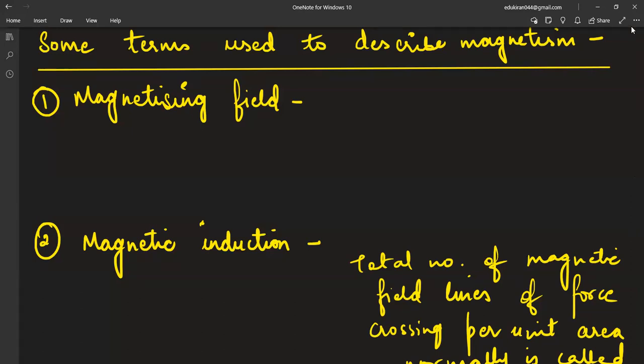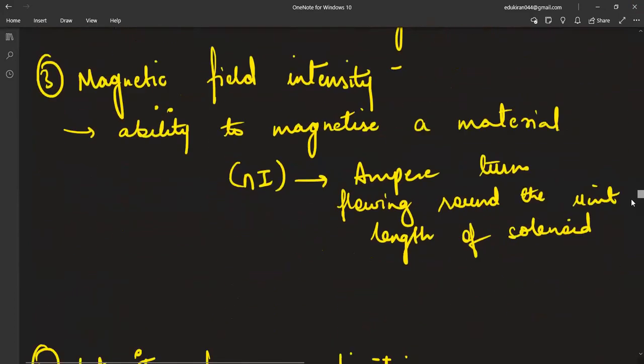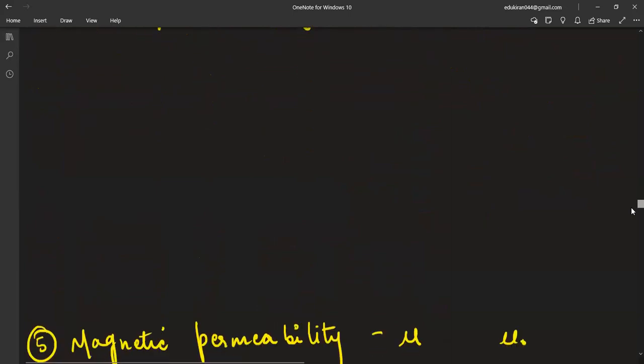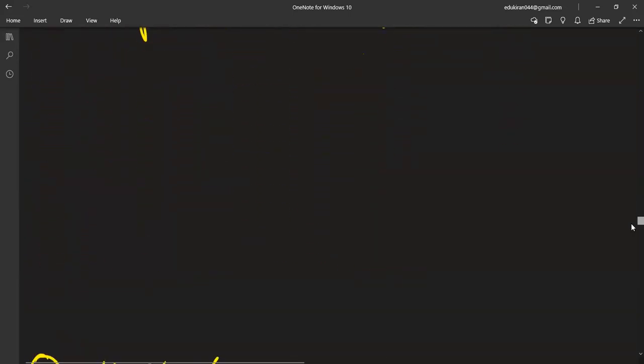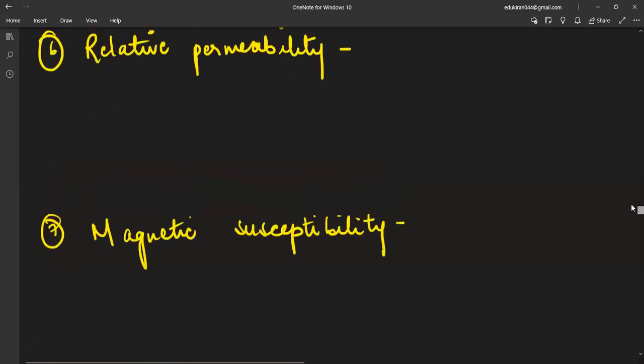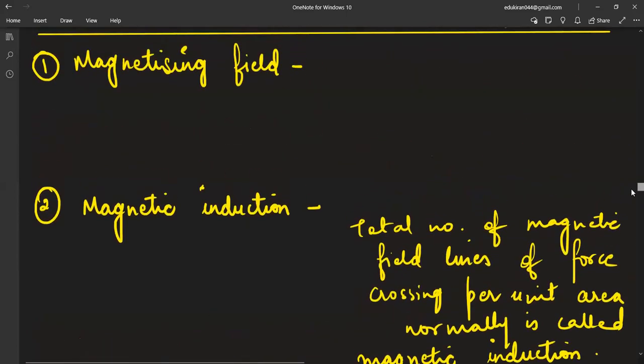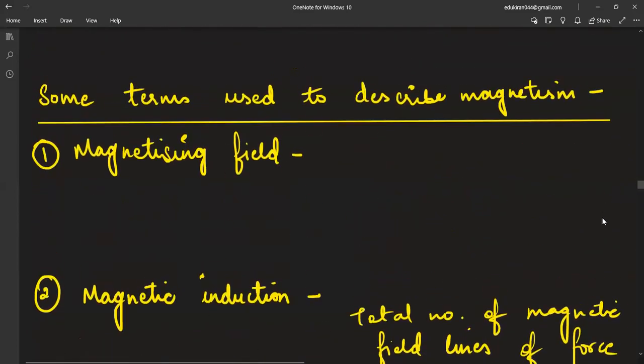Now, the terms which are left are magnetizing field, magnetic induction, magnetic field intensity, intensity of magnetization, magnetic permeability, relative permeability, and magnetic susceptibility. This is a relation, but till magnetic susceptibility, these are different terms. All of them have the same type of name, so be careful while listening, and understand it.